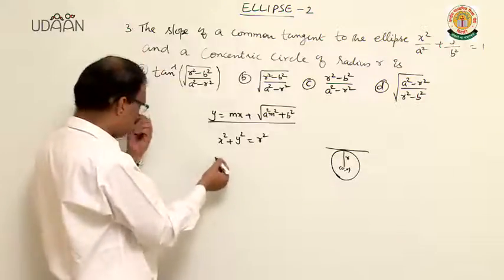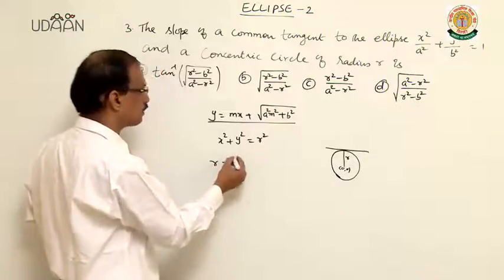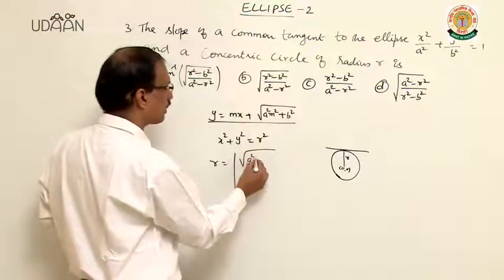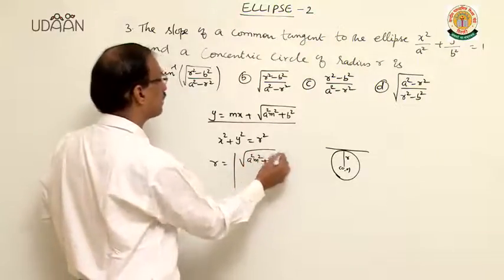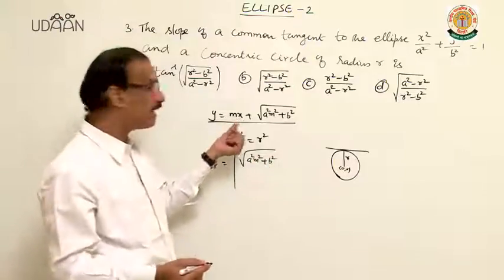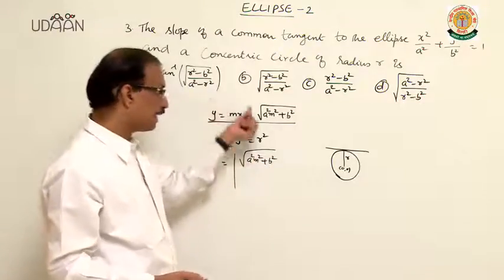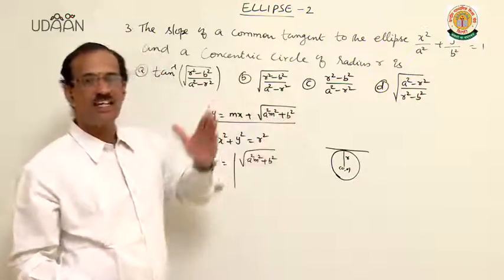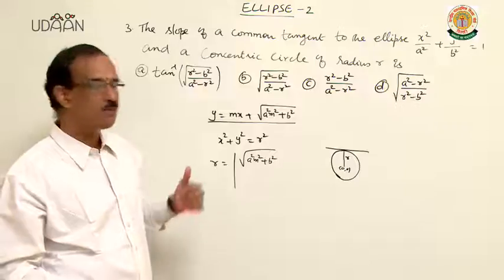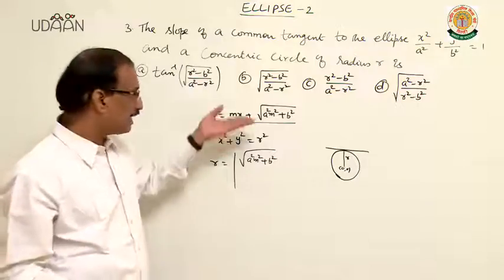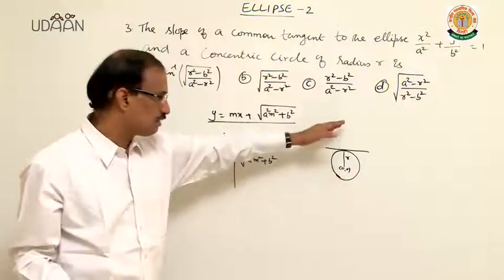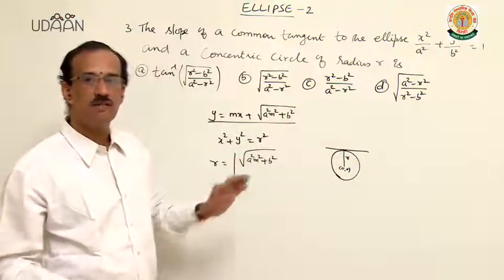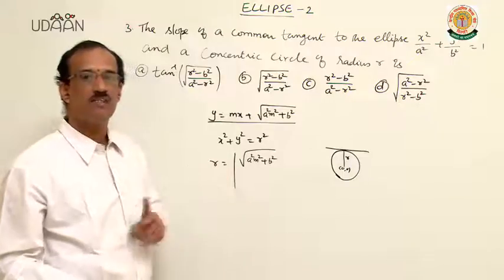This equation can be written as mx minus y plus root of a square m square plus b square equal to 0, which looks like the ax plus by plus c equal to 0 format. The distance of a line from a point is modulus of ax1 plus by1 plus c divided by root of a square plus b square.